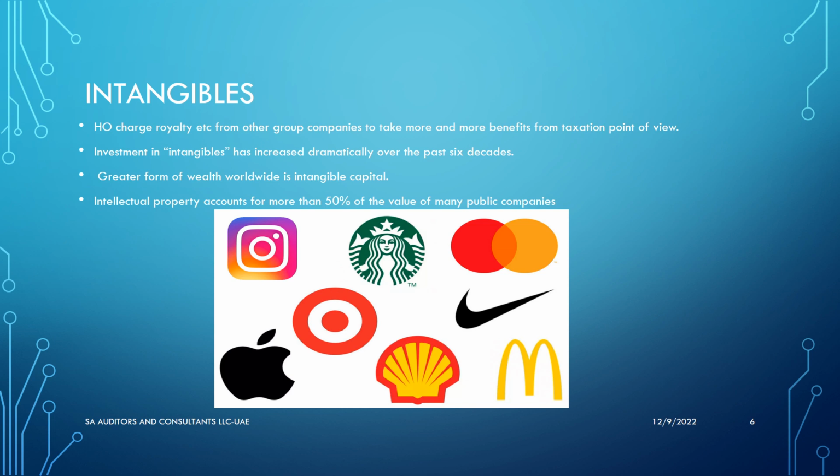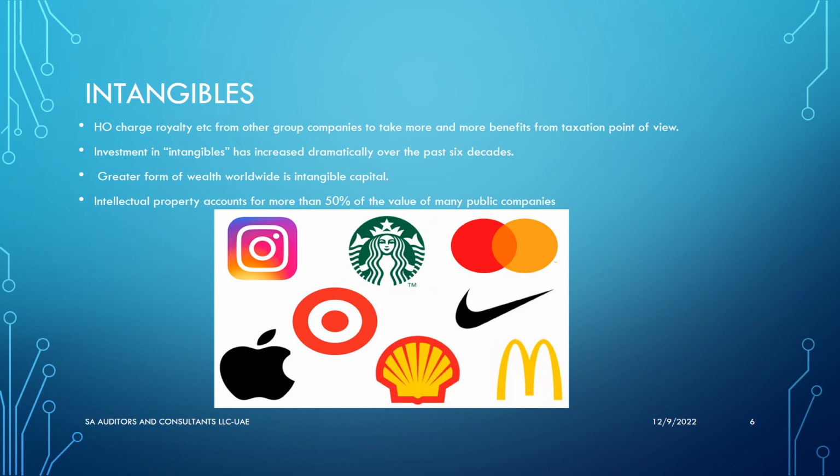The head office charges royalty etc. from group companies to take more and more benefit from a taxation point of view. Investment in intangibles has increased dramatically over the past six decades. The greater form of wealth worldwide is intangible capital, and intangible property accounts for more than 50% of the value of public companies.